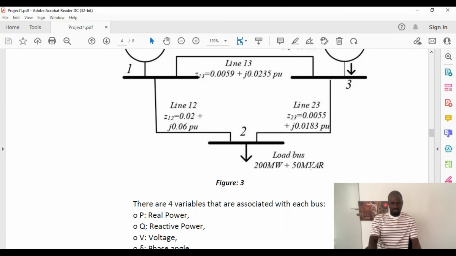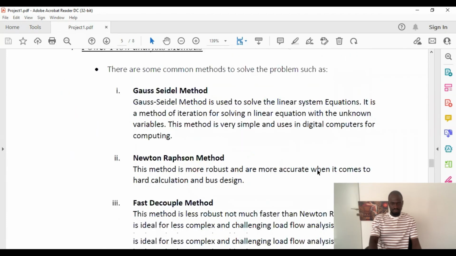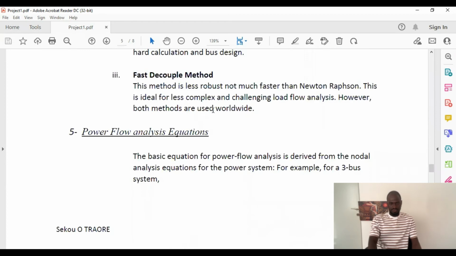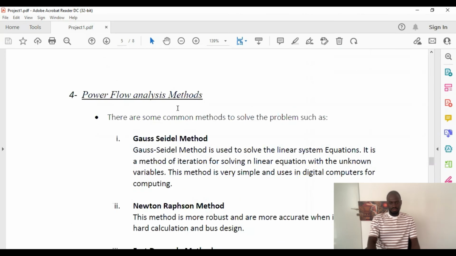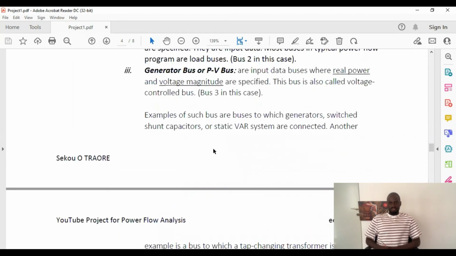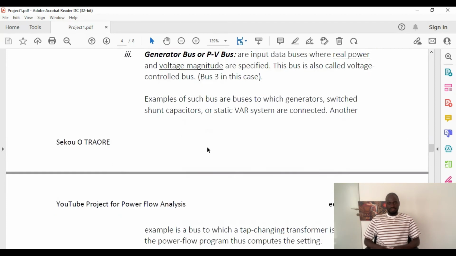So let's move on and try to understand the rest. Such examples might be a generator, or where a shunt capacitor or static VAR system is connected.